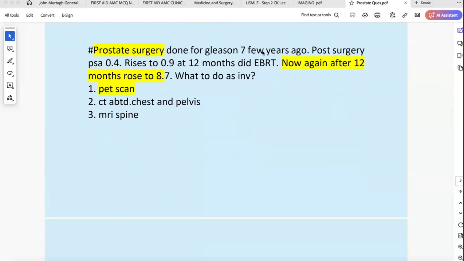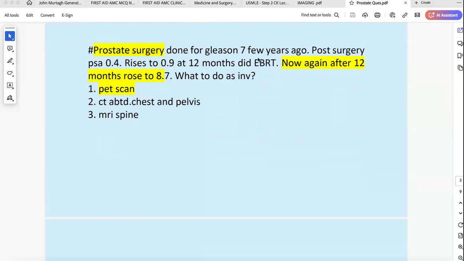Prostate surgery done for Gleason 7, post-surgery PSA 0.4, rises to 0.9. So you have already removed the prostate and the PSA has been rising. After prostatectomy, we follow up the patient with PSA, and ideally their PSA should not get high.